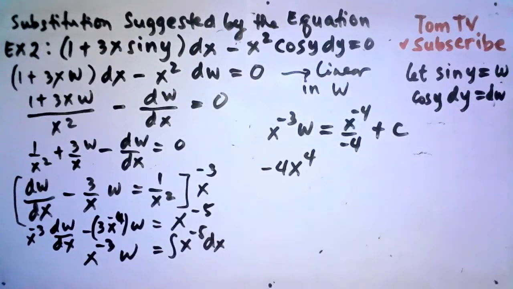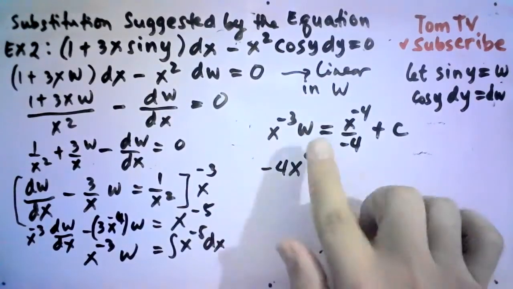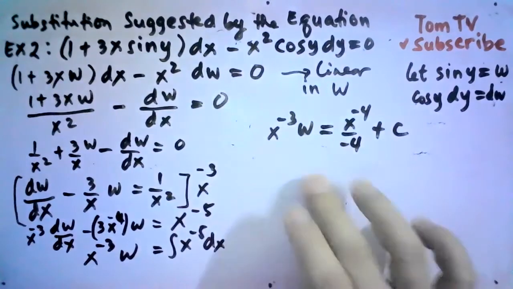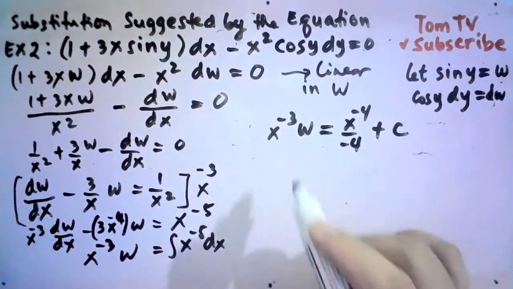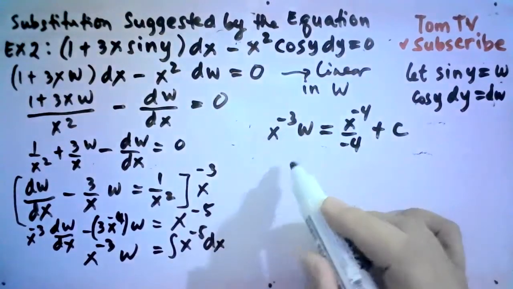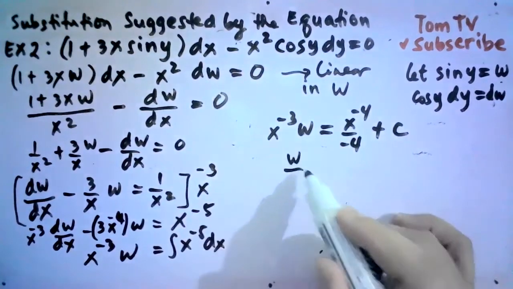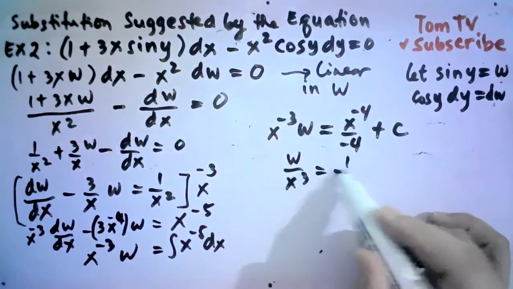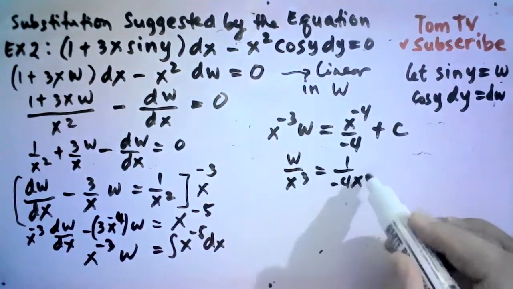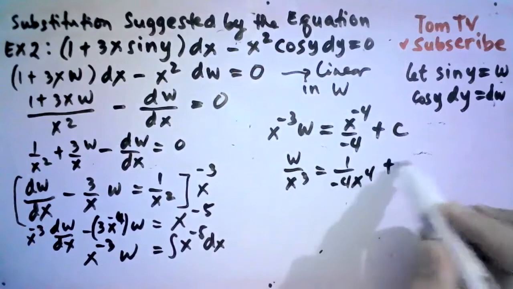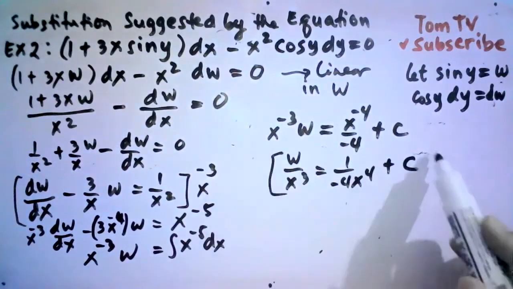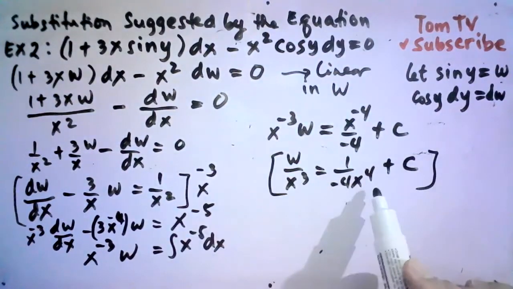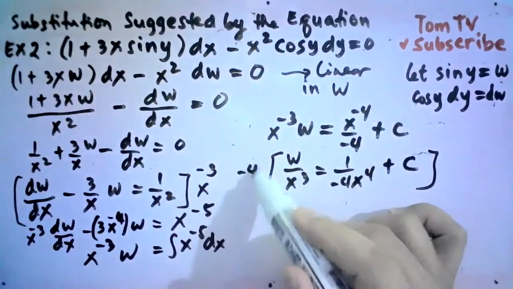Okay, in another way, I will write it in its simplest form. We have w over x cubed equals 1 over negative 4 x to the fourth, plus c. So I will multiply by negative 4 x to the fourth.